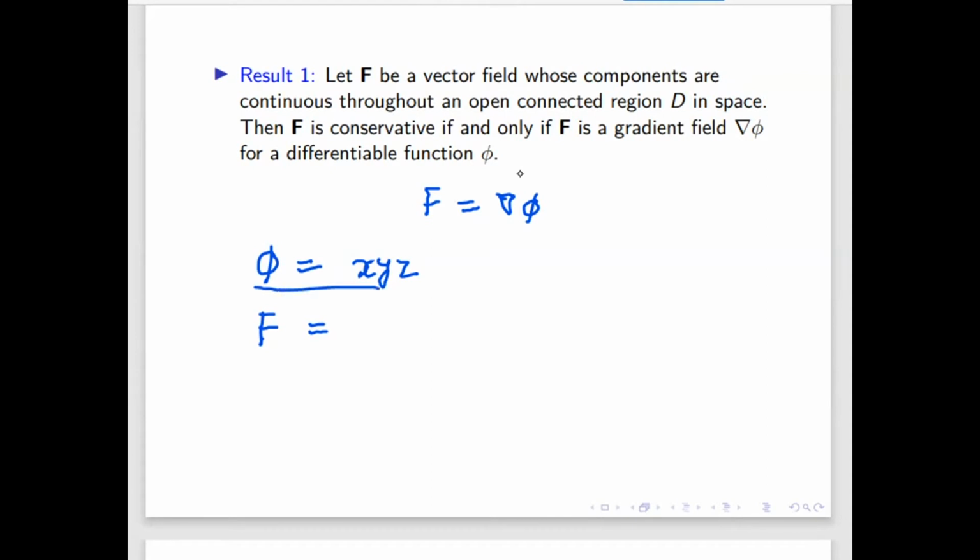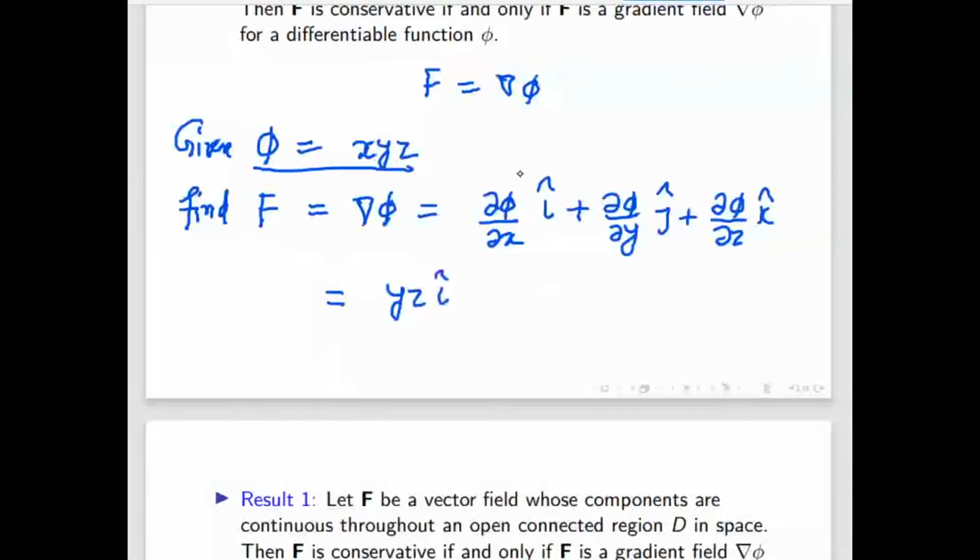If phi is given, the question is find f. F equals grad phi, that means del phi by del x i cap. So this is easy to do. That means it will come yz i cap, zx j cap, and xy k cap.